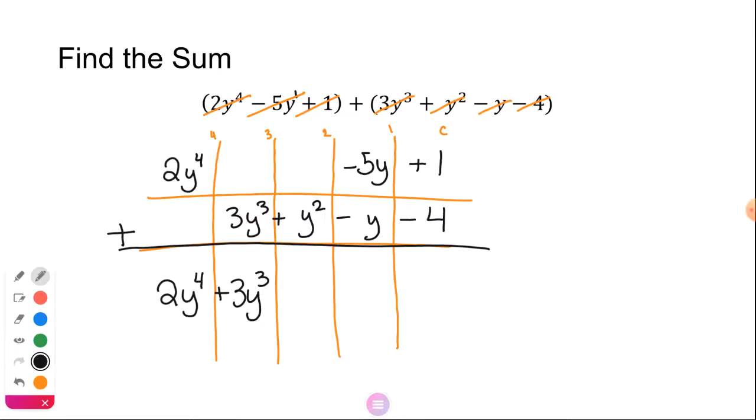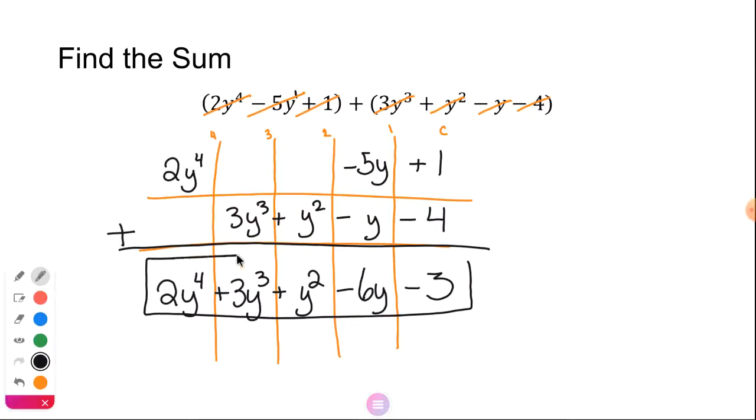Next one, we don't have anything on the top, and it's being added with y squared, so we'll add that together. Next, we have a negative 5y plus a negative y, so that's going to give us a negative 6y. And then finally we have our constant. We have a positive 1 plus a negative 4, so that's going to give us a negative 3. And this right here would be our final answer.